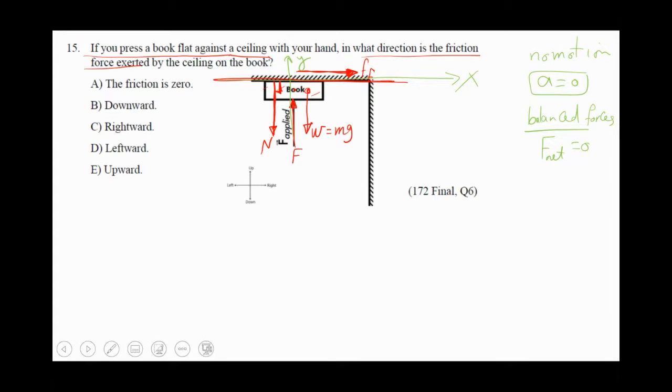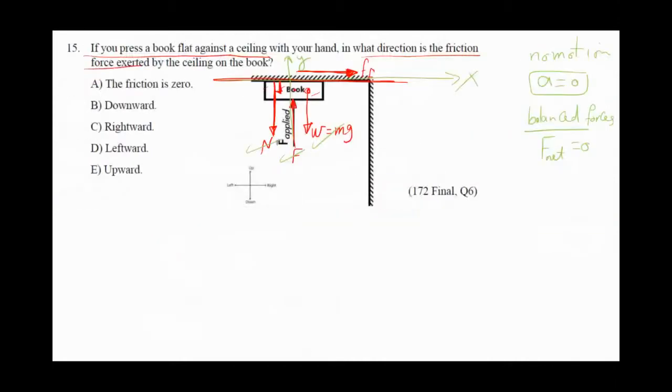In the Y direction, forces are balanced. I have three forces. One of them is upward, the other two are downward. So they balance each other. So the upward force, which is the external force, equals the two downward forces, the N plus W.